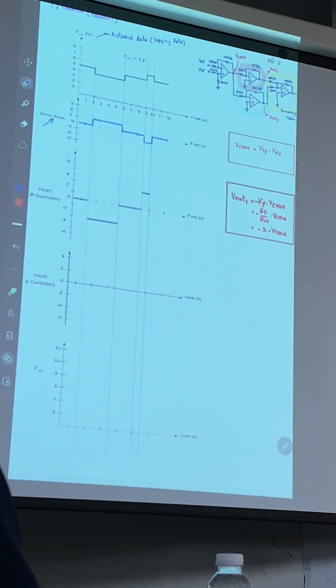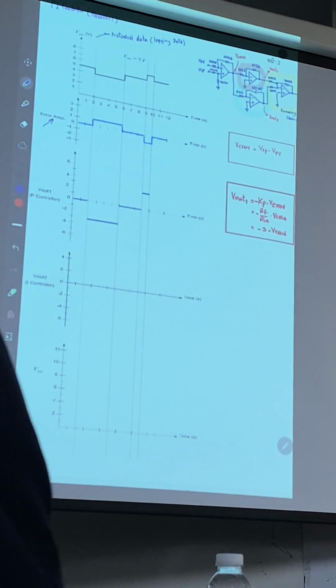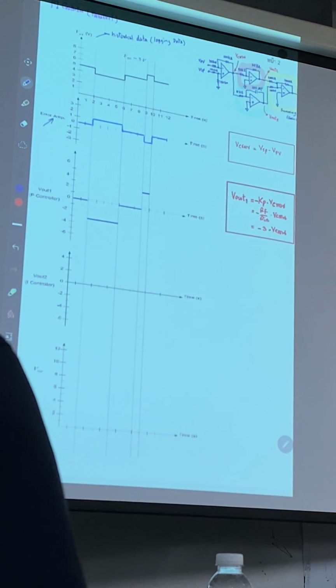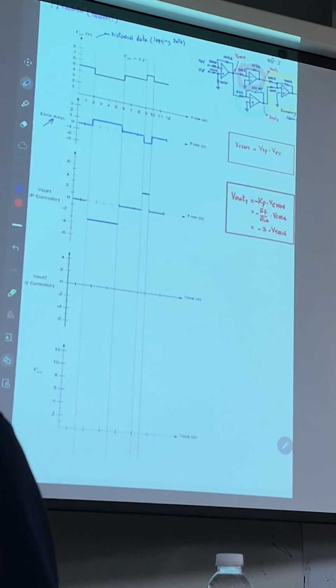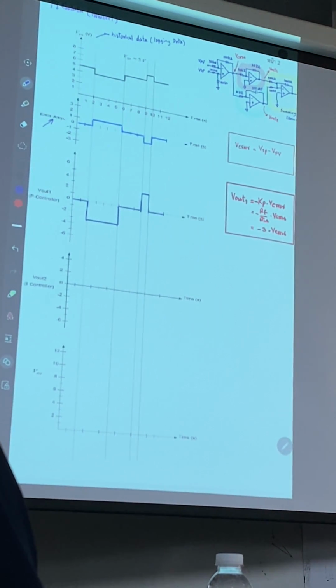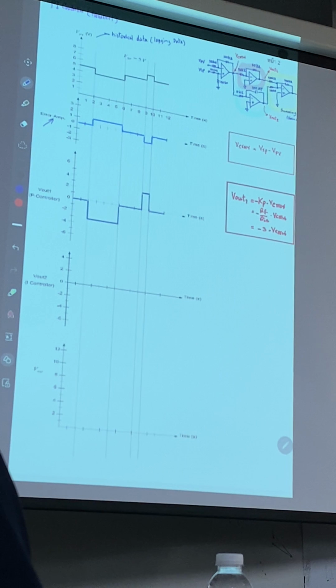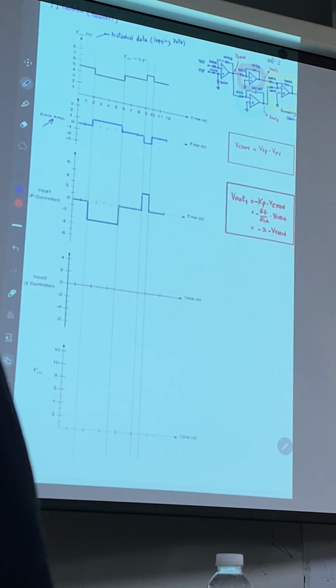The last section, you have 0 volt. 0 volt times minus 3, you have 0 volt again. Then simply write the connection line. You will get the graph looking like this at the output of the P controller.